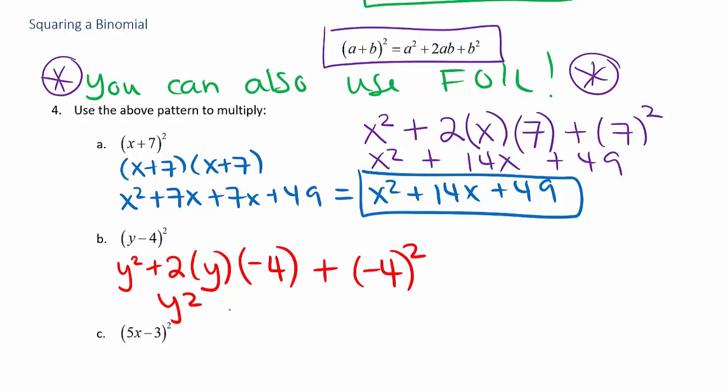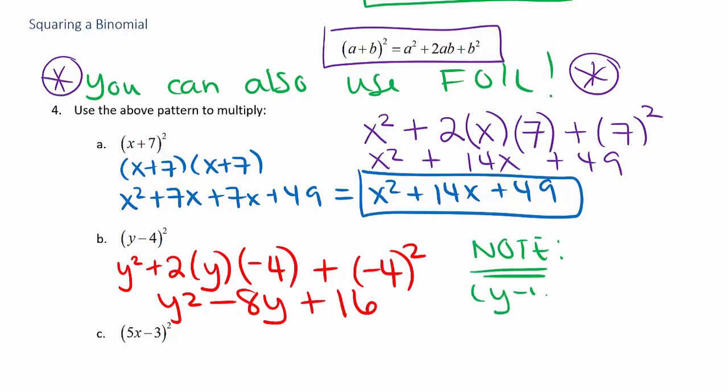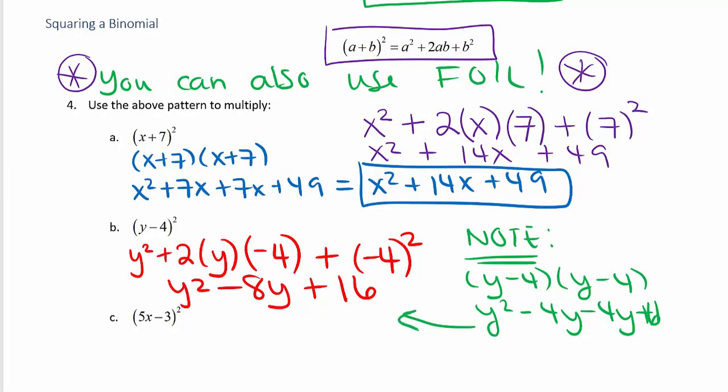That gives me y squared minus 8y plus 16. Negative 4 times negative 4 is a positive 16. Again, this problem could have also been done by writing this out as y minus 4 times y minus 4, and then when you use FOIL and combine like terms, you will get the exact same answer.